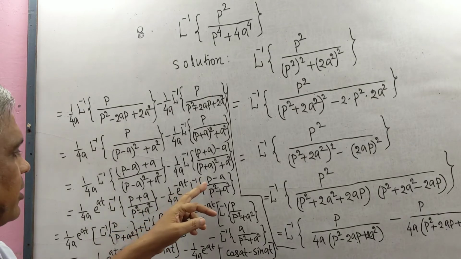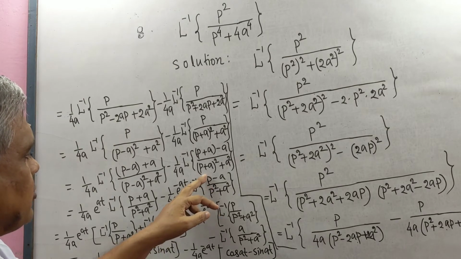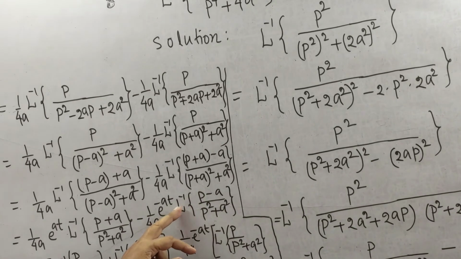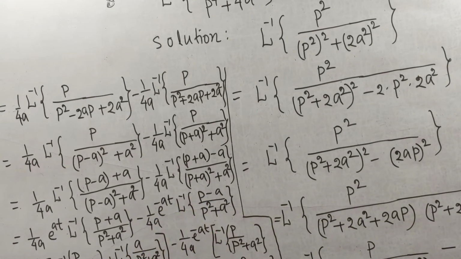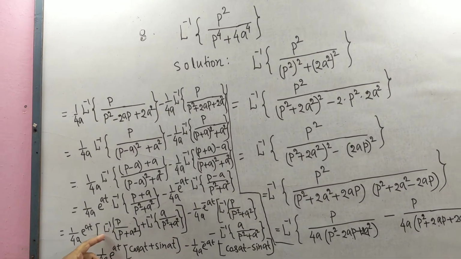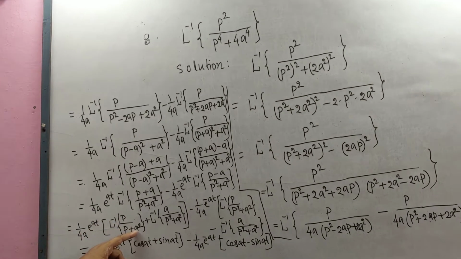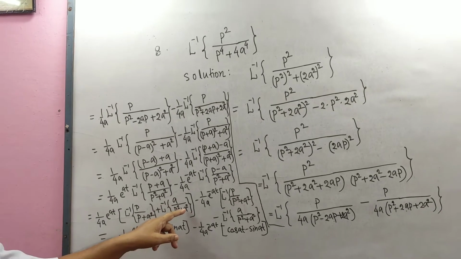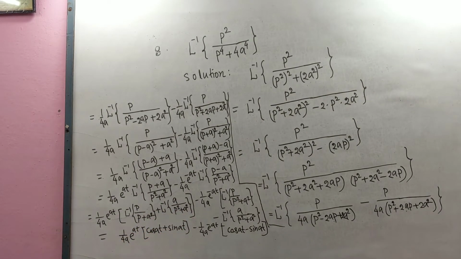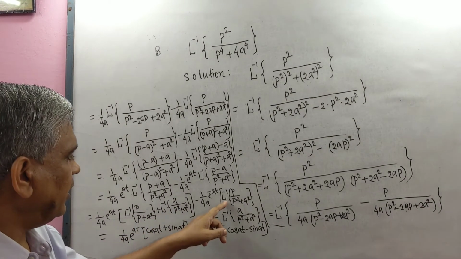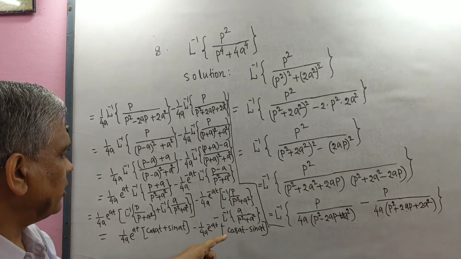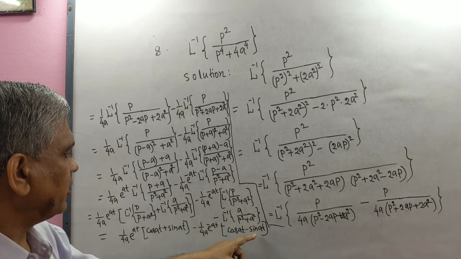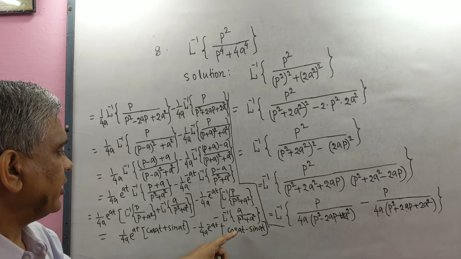Here also we separate L inverse p by p square plus a square minus L inverse a by p square plus a square. Here L inverse p by p square plus a square is cos at, and L inverse a by p square plus a square is sin at.